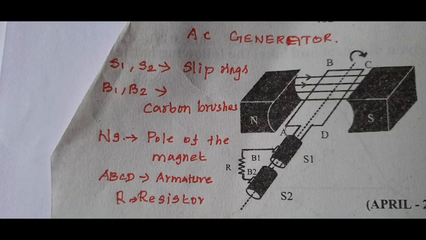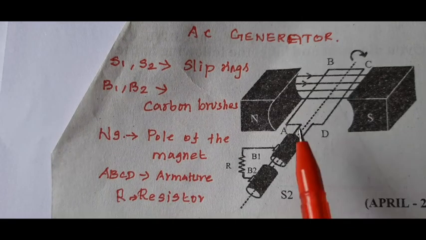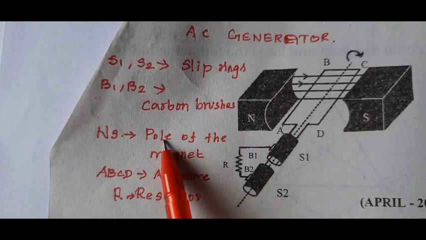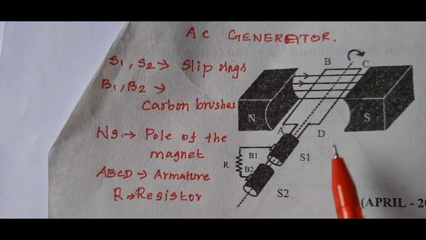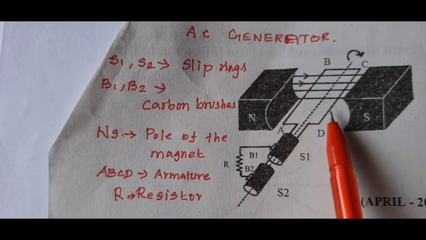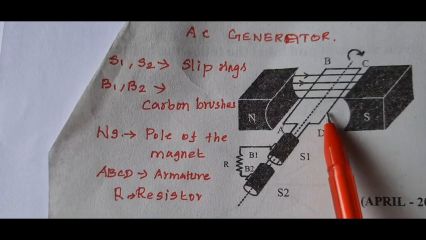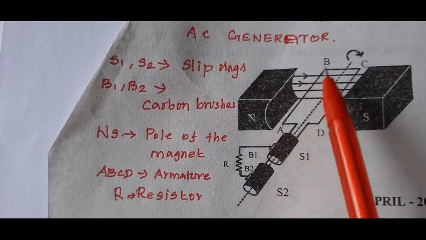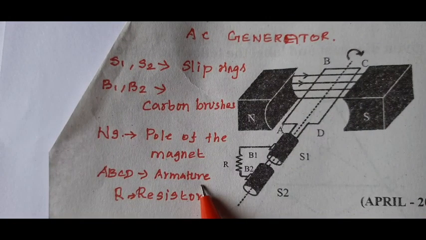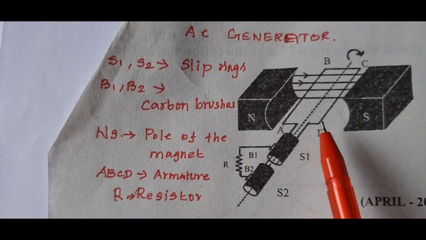This is an AC generator. Here N and S are the magnetic poles of the magnet. In the center, in between the poles of the magnet, a rectangular coil is placed. A, B, C, D is the armature or rectangular coil.